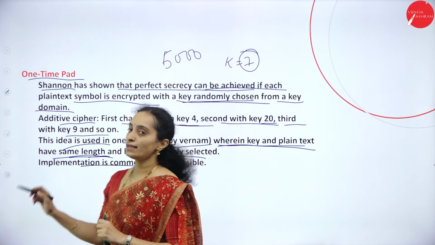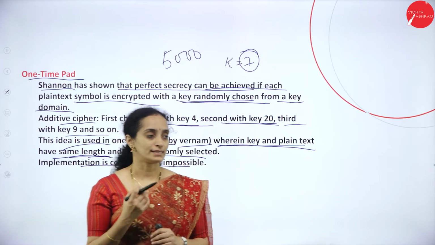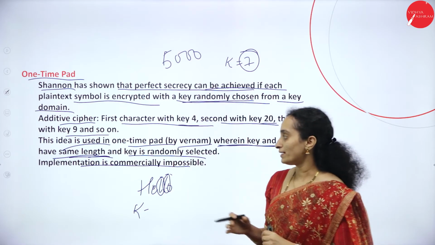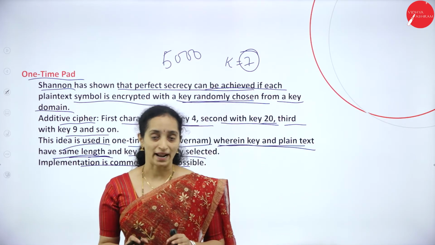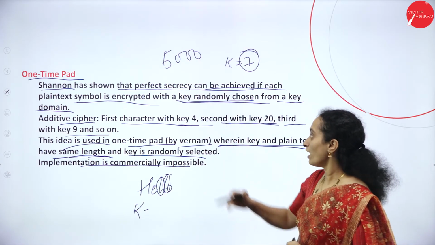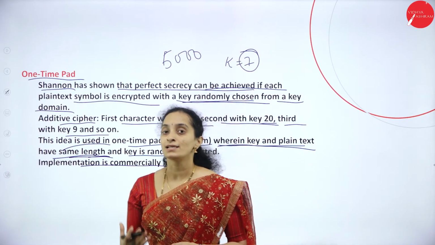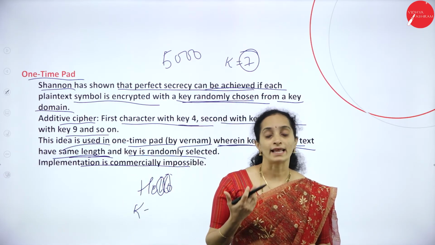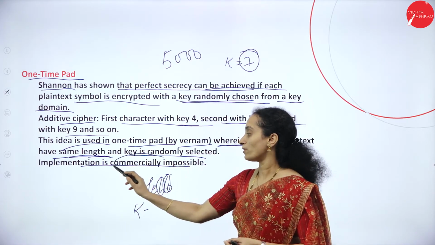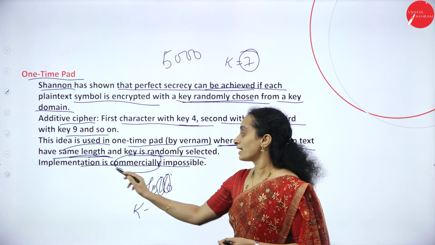But the drawback of this concept is that it is convenient theoretically only, but commercially or practically it is not possible, because if you have 5000 characters, generating 5000 keys by an algorithm will take too much time, and it is commercially impossible. Maybe practically possible, but commercially impossible.